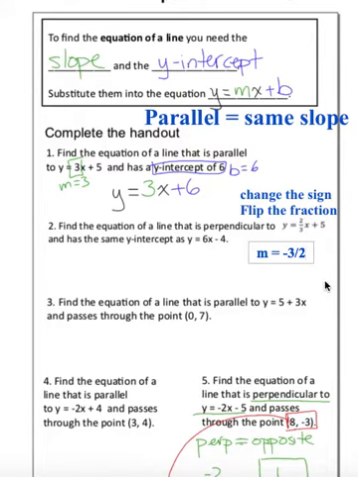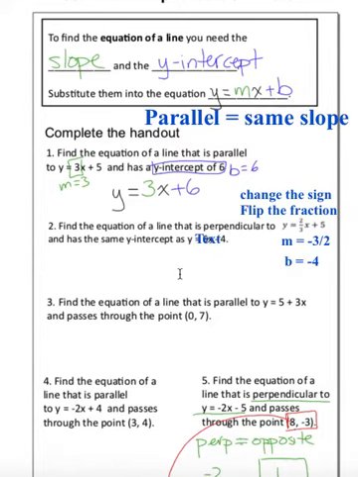We don't need to fill the rest out because we only need the slope from that. And it has the same y-intercept, that's the b spot, as this equation here. So we know that our m is -3/2, and our b is equal to the same as this equation here, which is -4.